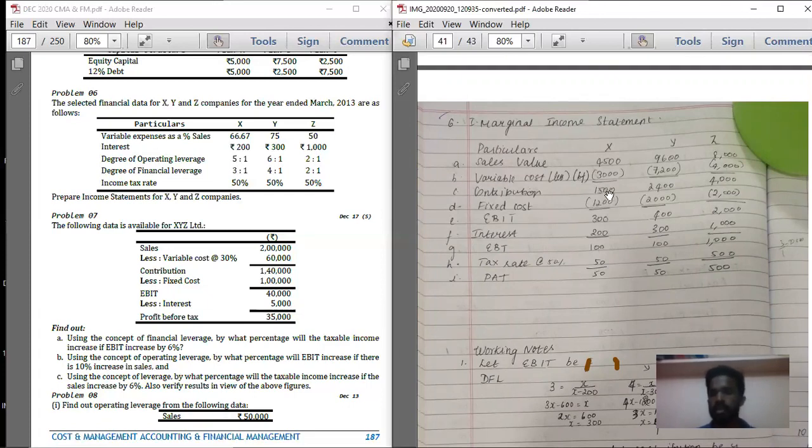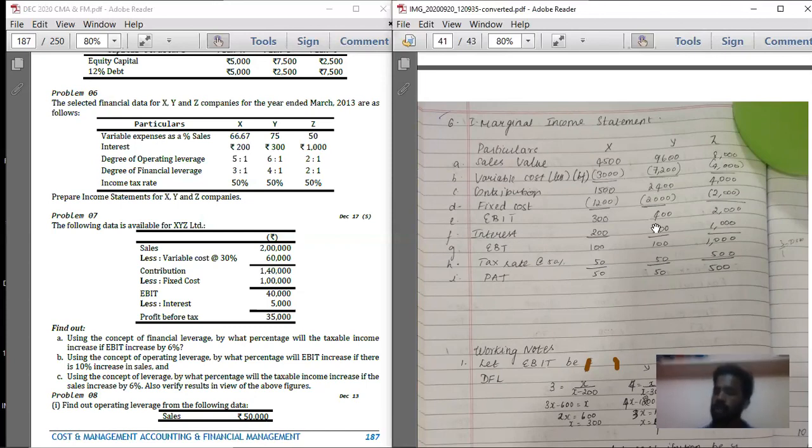Contribution is 1500, EBIT is 300, so 1500 minus 300 gives 1200. So fixed cost in the X column is 1200, within brackets, because fixed cost we should always deduct within brackets. Next, in the Y column, contribution is 2400 and EBIT is 400.